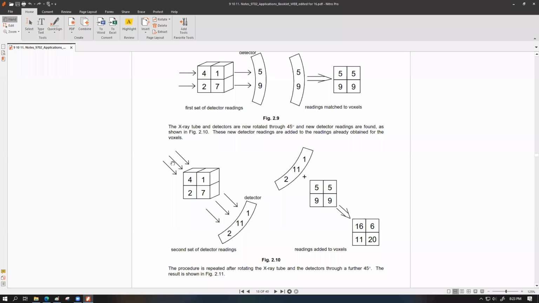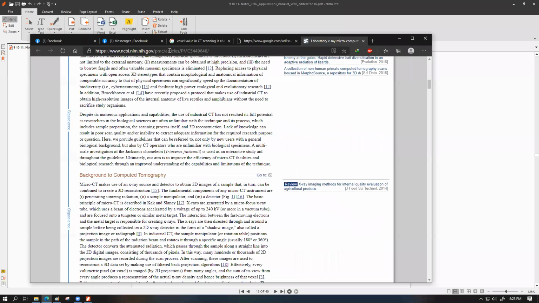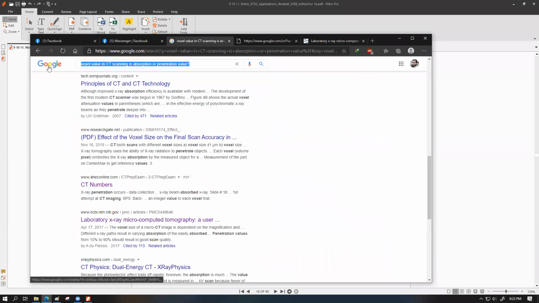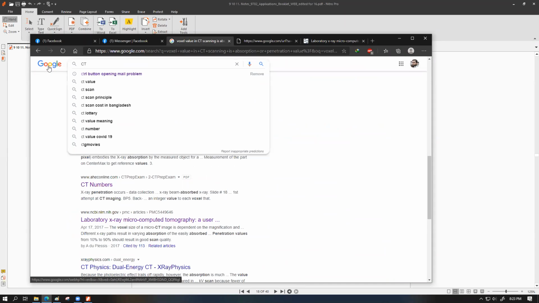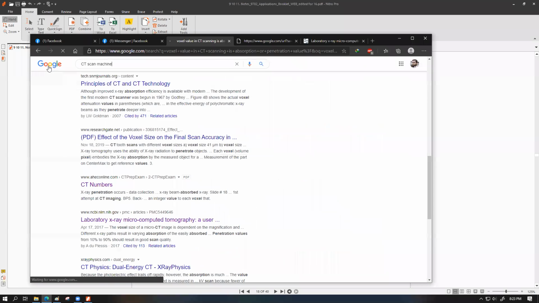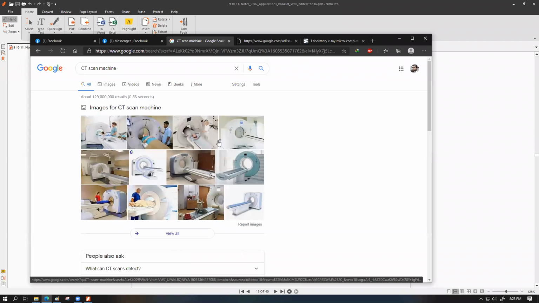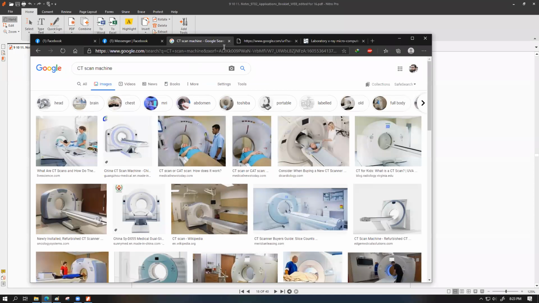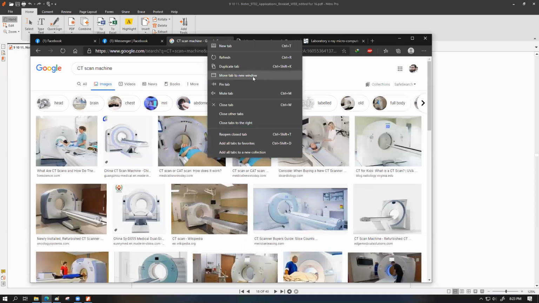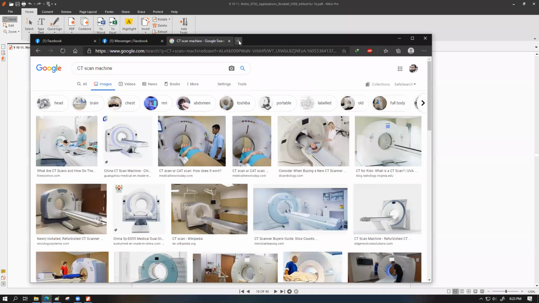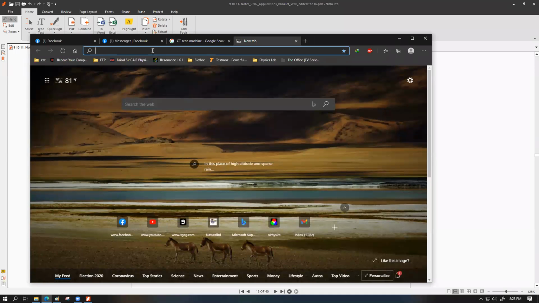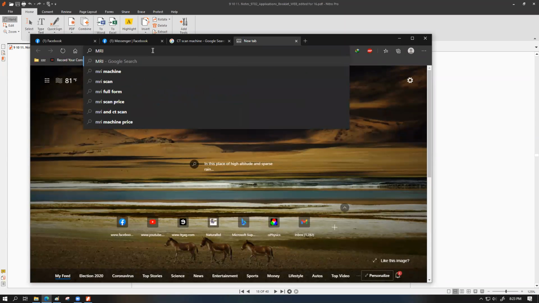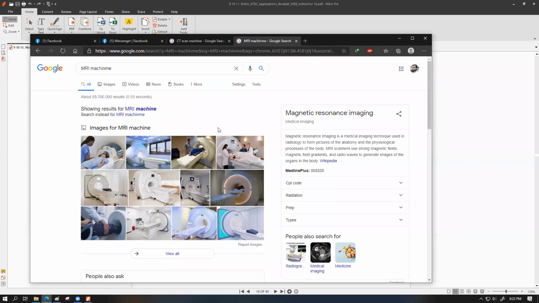If I want to show you the physical view of a CT scanning machine, you see, this is how a CT scan machine looks like, which is quite similar to how an MRI machine looks. They are pretty similar looking, but there is a difference in their working. There is a very precise difference in their working.